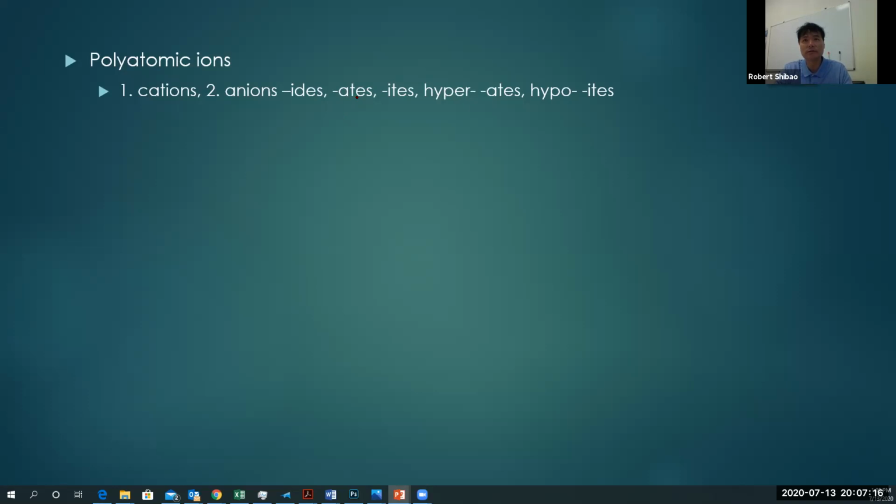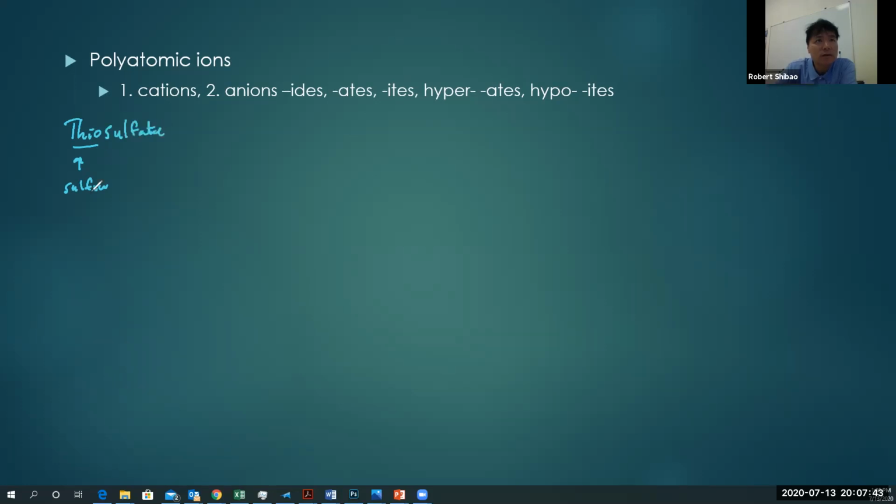We're going to do derivatives of some of these -ates. And this is good that this was brought up. One of them is thio. Thio means sulfur. And so thio, for example, thiosulfate.